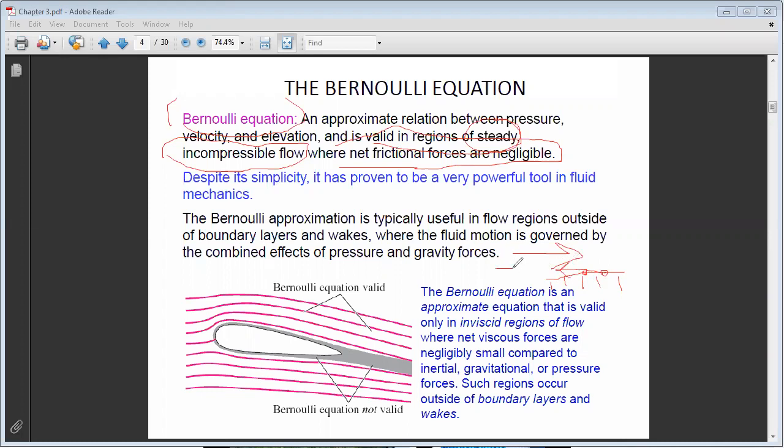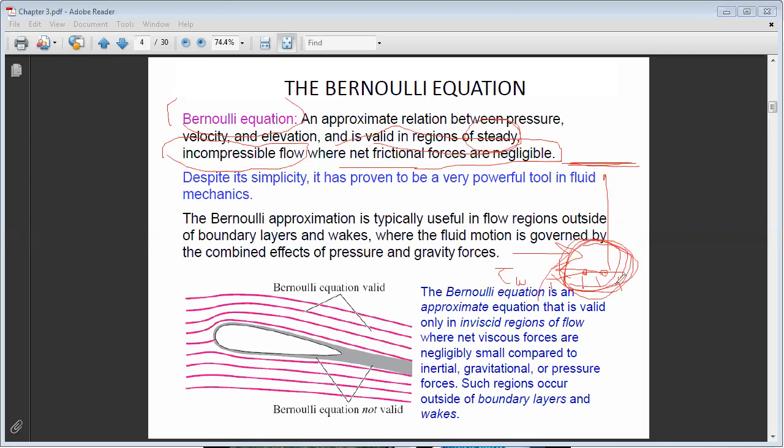So you have development of shear forces at this level, and therefore your shear forces will try to oppose motion, and this will create a certain friction and losses. This is why we cannot apply Bernoulli close to surfaces. If we want to apply it, we apply it far from surfaces. Why? Because if we are far away from the surface, we can neglect viscous effects that are dominant in this region.